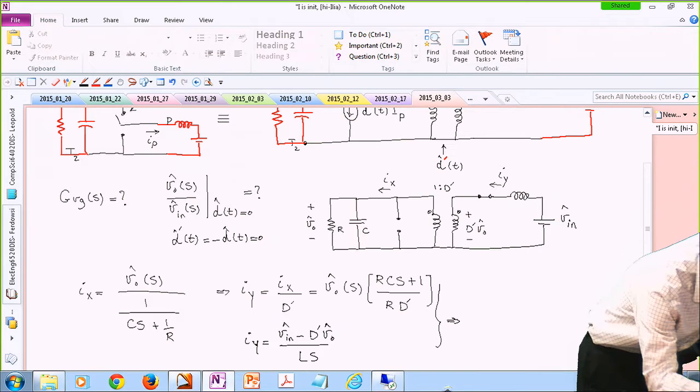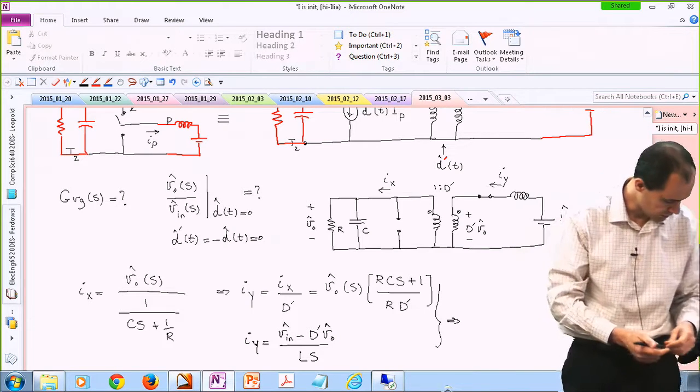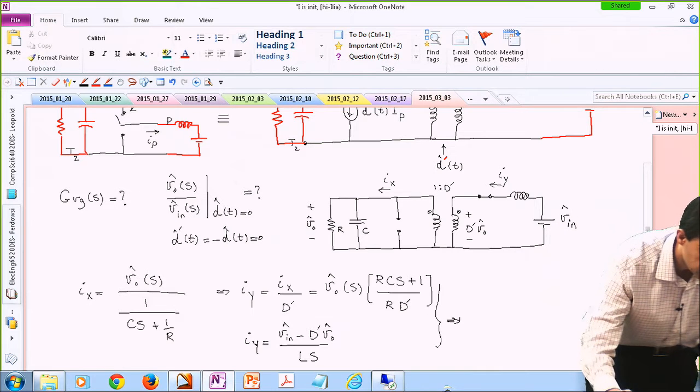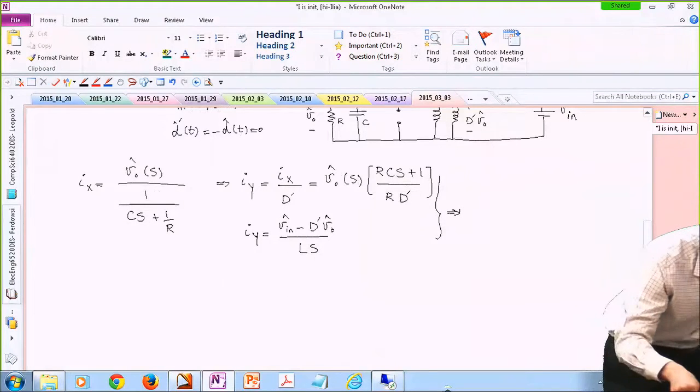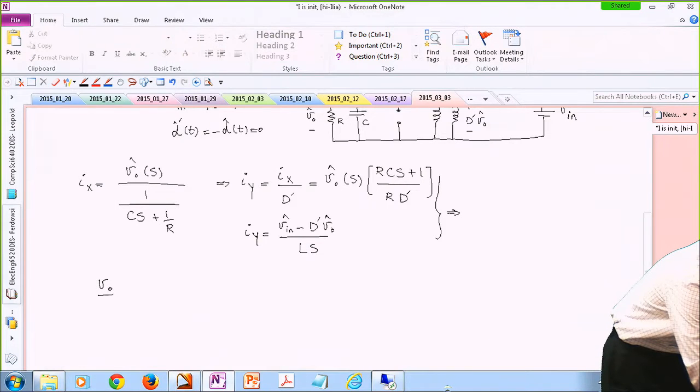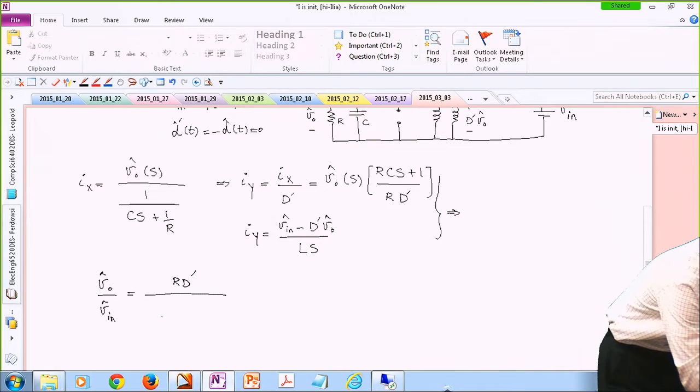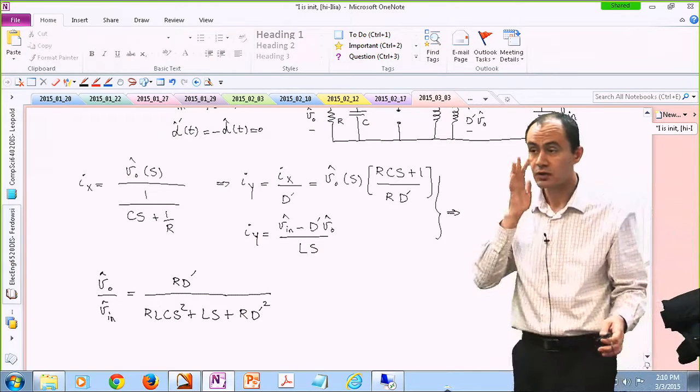So that's it. You just make sure that these two equations hold at the same time. And once you simplify this, you will get, so this is the transfer function that we are looking for.